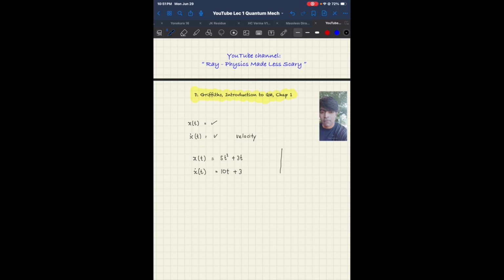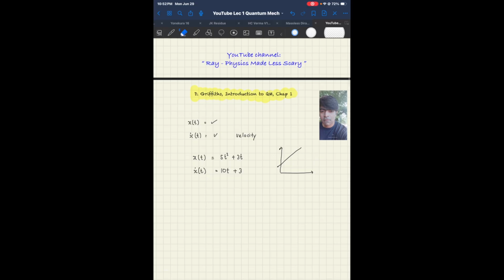So again, I can have a graph for your velocity. It's linear, starting from 3, something like this. Don't take these graphs too seriously, I'm just trying to explain a point. Sorry, this is v of t, a profile for the velocity.